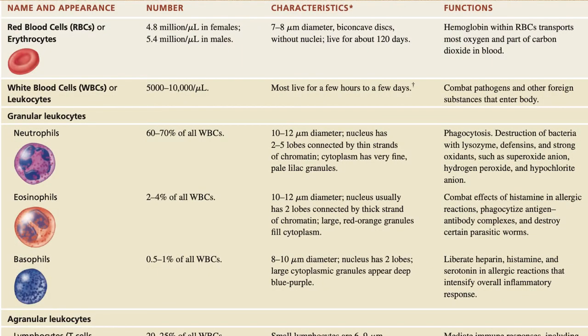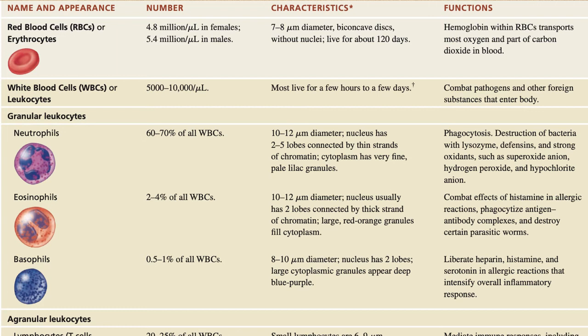The red blood cell, or what we call the erythrocyte. It's actually 4.8 million per microliter in females, and this is for average. I think it's 5.4 million per microliter in males. The characteristic is it's around 7 to 8 micrometers in diameter, a biconcave disc, and without nuclei.